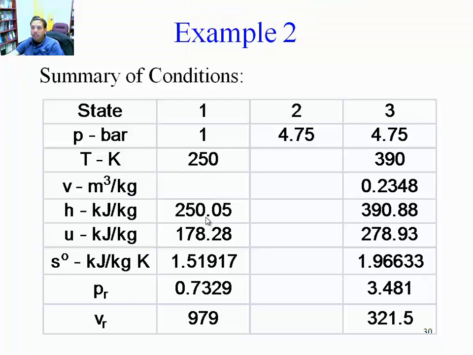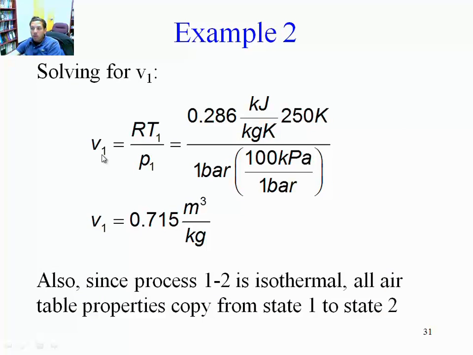Temperature is 250, entropy 250.05, energy 178.28, entropy 0 is 1.51917, and VR in case we need it, but we don't really need it. We could use it knowing that the ratio of VR1 to VR3 is equal to the ratio of V1 over V3, and we can solve for V1 that way, since the process from 3 to 1 is isentropic. Or we can just use the equation of state and solve for V1 using P and T1. There it is. V1 is RT1 divided by P1.